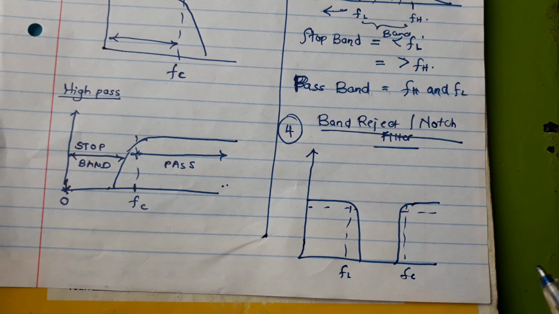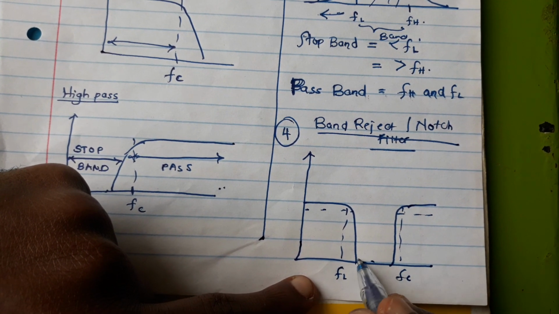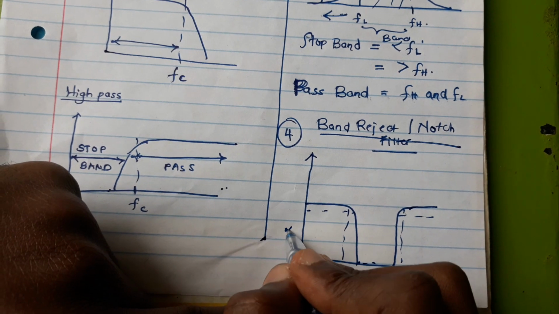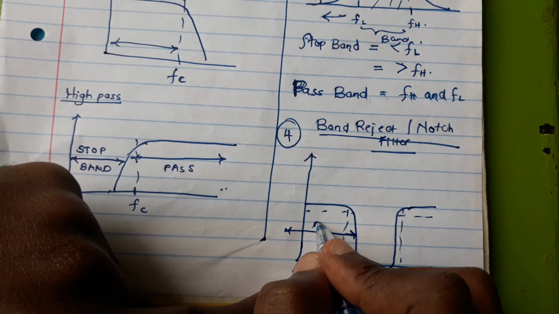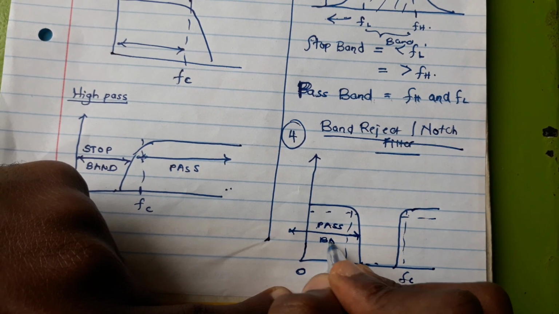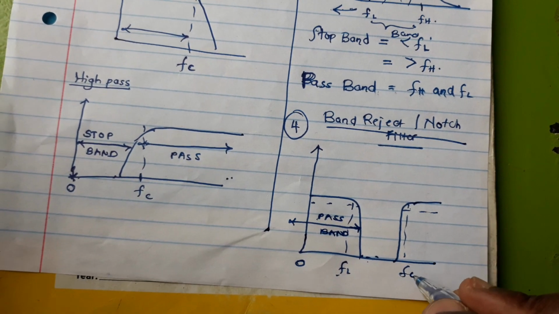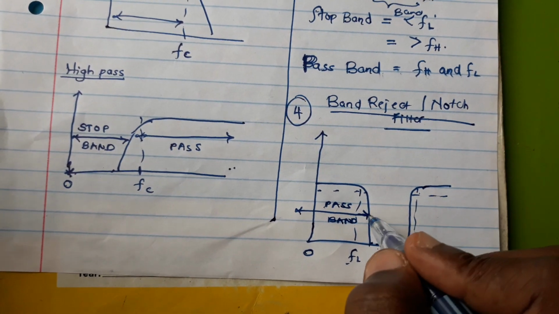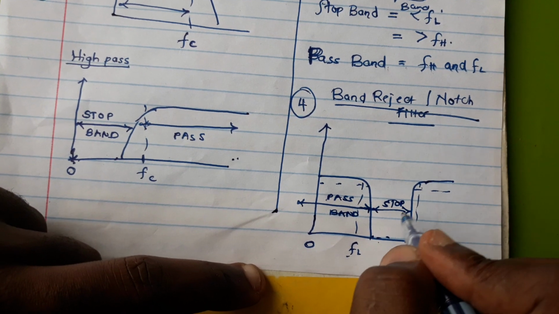What this means is that frequencies within a certain band are rejected, that they are not allowed to pass. So in this case, from 0 to FL, this is our pass band. However, frequencies between FL and FH are not allowed to pass. So this is our stop band.